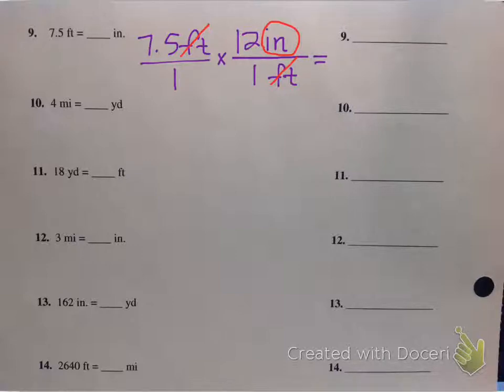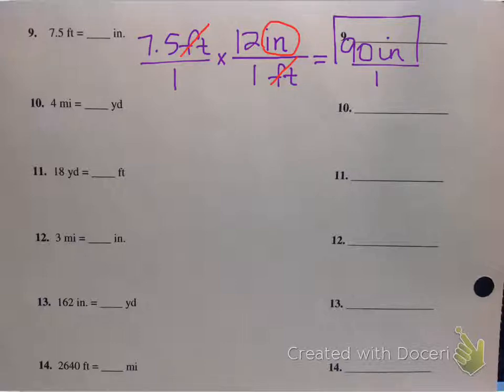My denominator, as you can see, is 1 times 1, so that's just over 1. And 7.5 times 12 is 90. So I have 90 over 1, which is just going to be 90 inches. So 7.5 feet is 90 inches after the conversion.